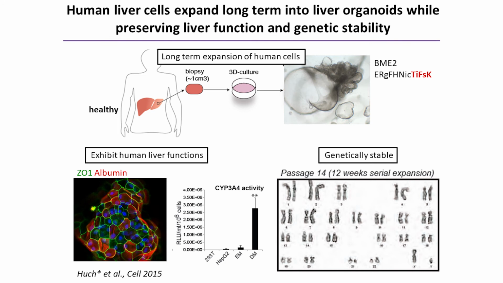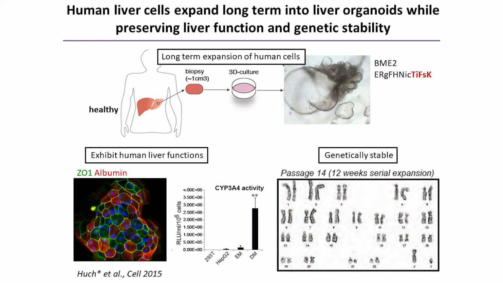We showed that you can not only start from a mouse healthy liver tissue, but you can get a healthy human biopsy, and the liver is very nice for that, because this is a donor, someone that dies and donates the organ, and then you can take a very tiny piece of this donated organ and put it in culture in the same media condition, but with the addition of two factors, TGF-beta inhibition and cyclic AMP activation, and then the cells go on to grow at a very similar rate for at least 6 months.